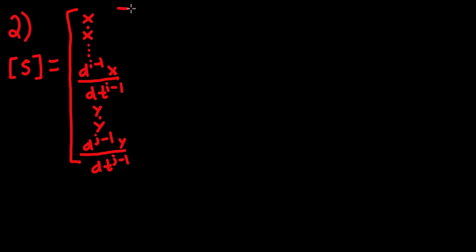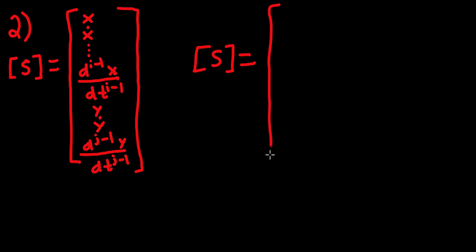Now, some people prefer to alternate between x and y or whichever other functions they're dealing with. So someone else might write this instead as x and y, and then x dot and y dot, and then x double dot and y double dot, so on and so forth, right?